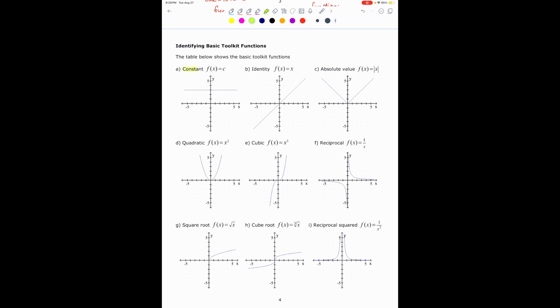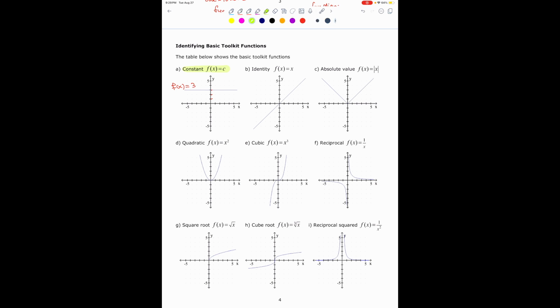The first function is the constant function, which is f of x equals a constant, any number. In this particular example, f of x equals 3, but it could be any real number on the number line.